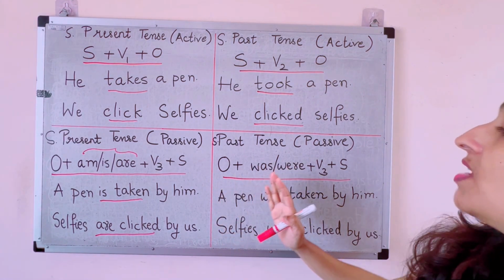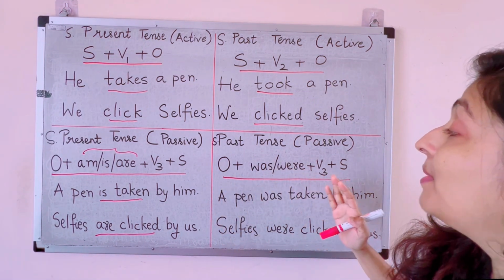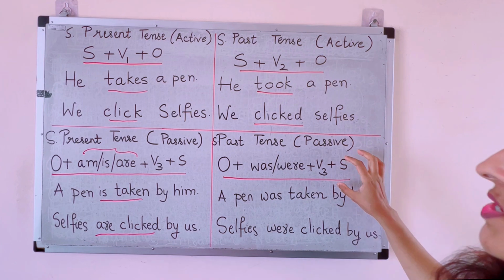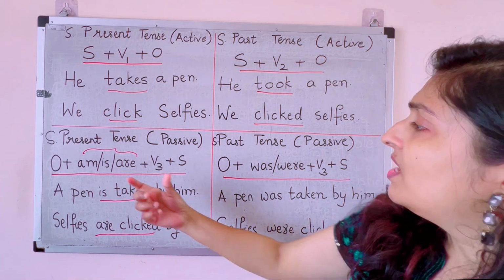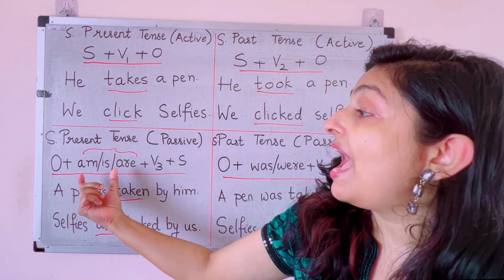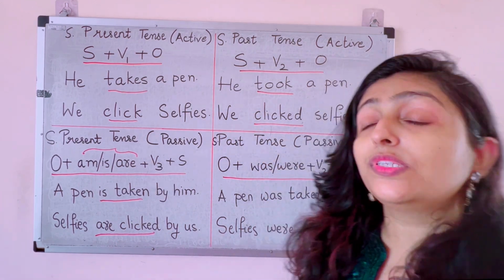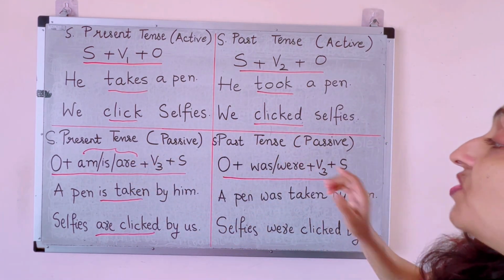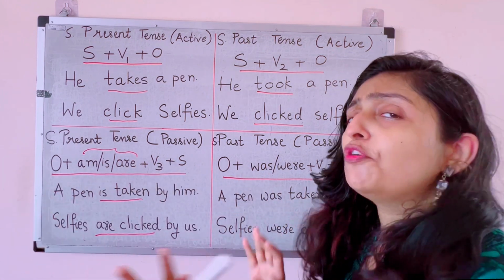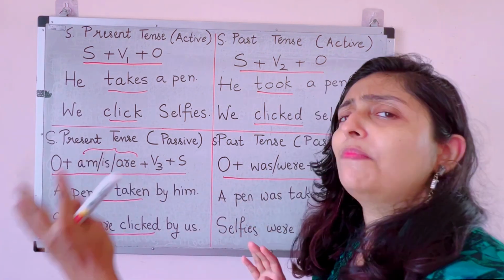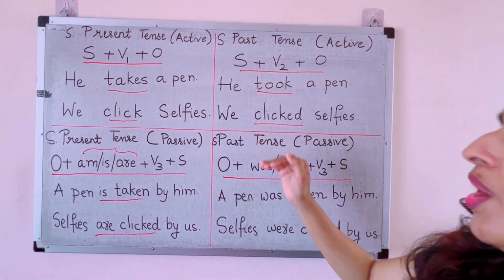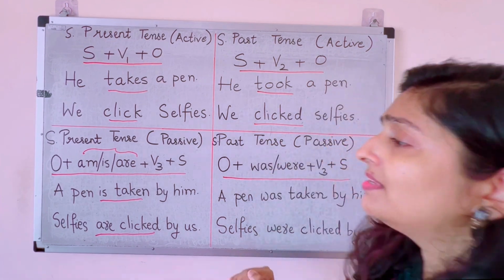Object plus was or were plus V3 plus the subject. The past tense of am or is becomes was. The past tense of are becomes were. Rest of the formula remains the same as it is. Now let's move on to the examples.